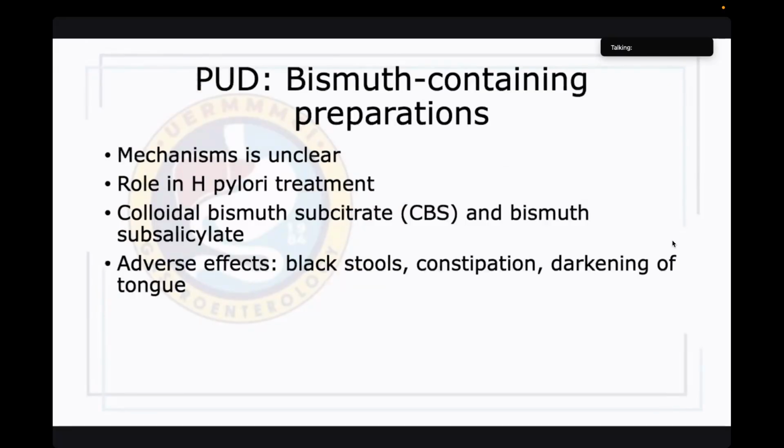The mechanism by which bismuth-containing preparations induce ulcer healing is unclear, but it definitely has a role in H. pylori treatment, which will be discussed later. Colloidal bismuth subcitrate and bismuth subsalicylate are the most widely used preparations, and the adverse effects with short-term use include black stools, constipation, and darkening of the tongue.